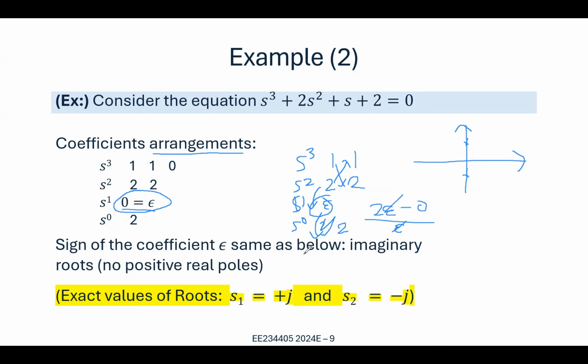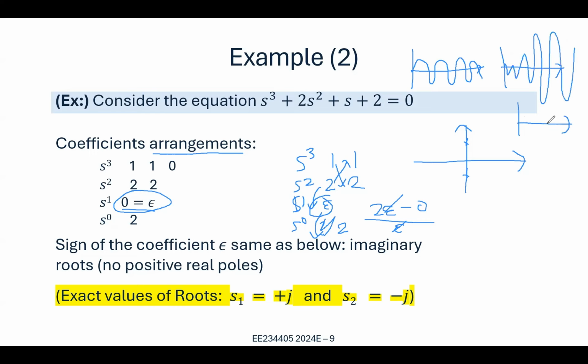In terms of the time response, we may have a sustained oscillation. It does not diverge, and it does not converge. It just has the same amplitude. So that's often related to the imaginary roots.